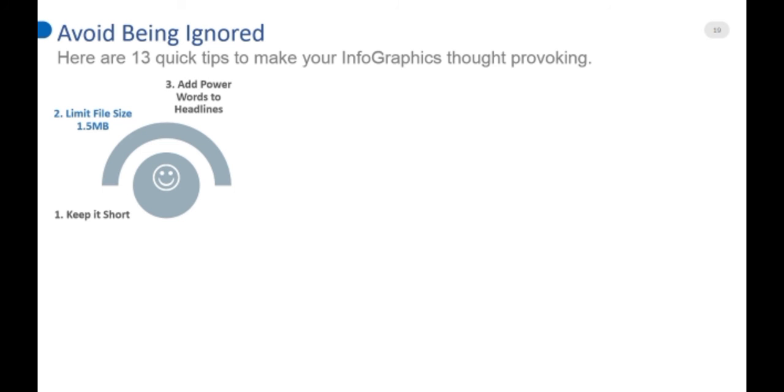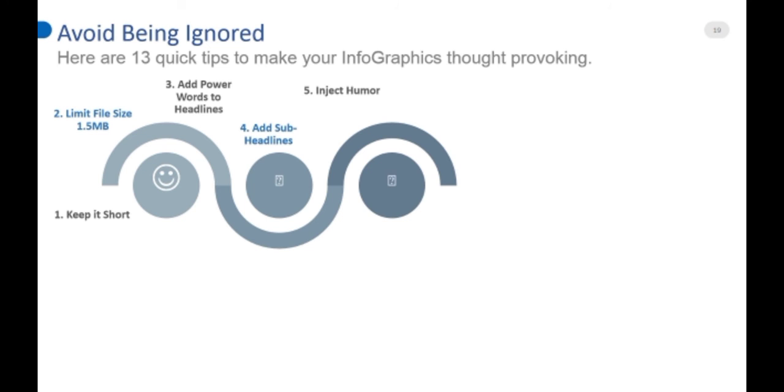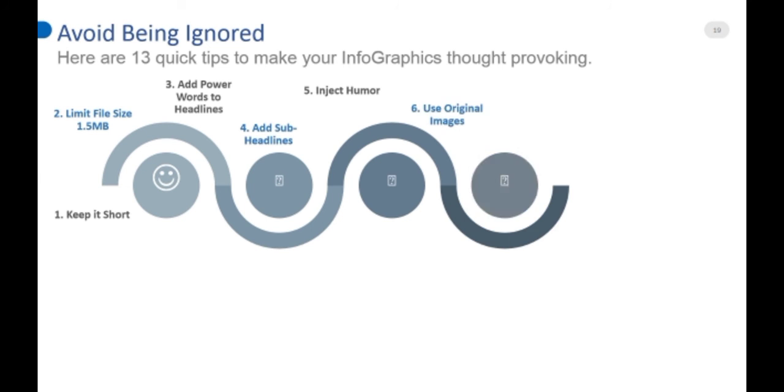Third, add power words to your headline and action words, things that will grab their attention. And number 4, add subheadlines that will back up your main headline. And number 5, try to inject some humor. And what you're doing, as you can see here, is you're grabbing them in.